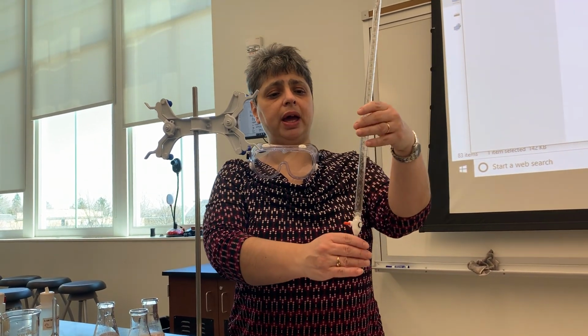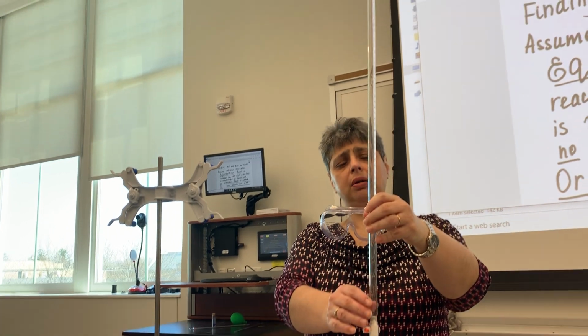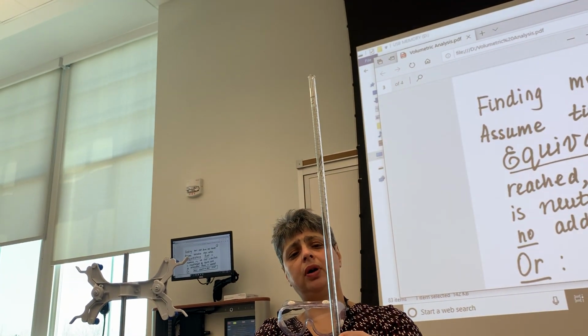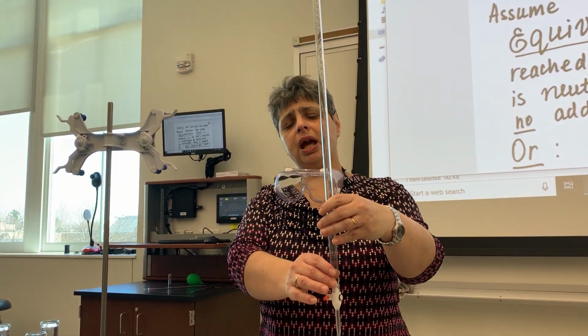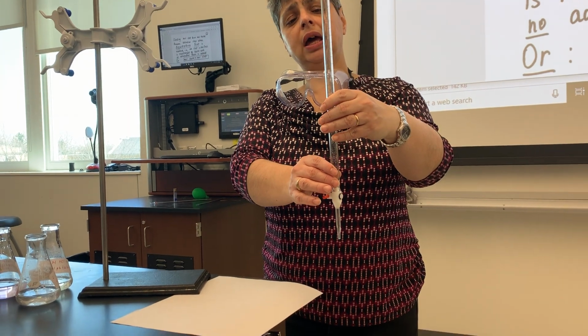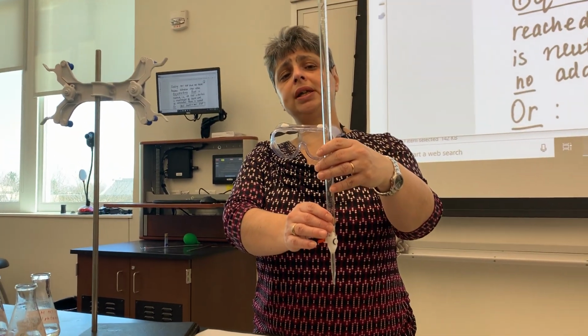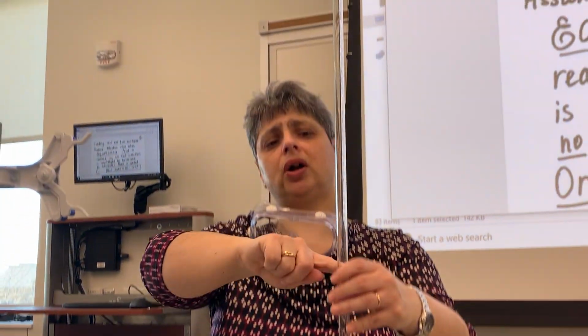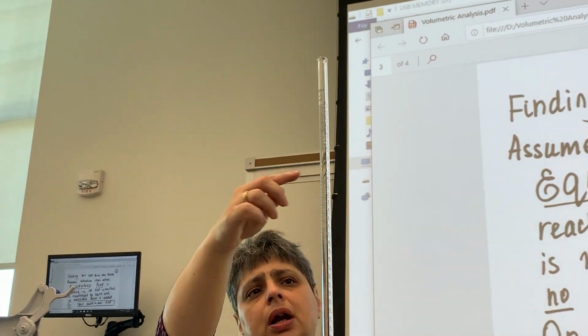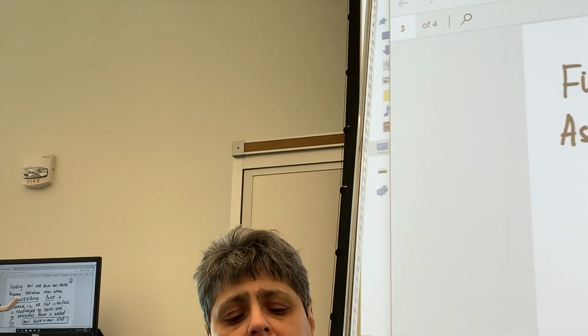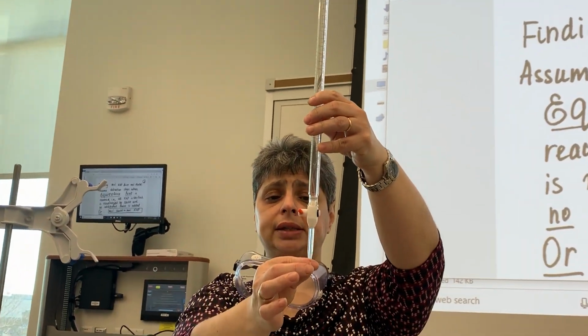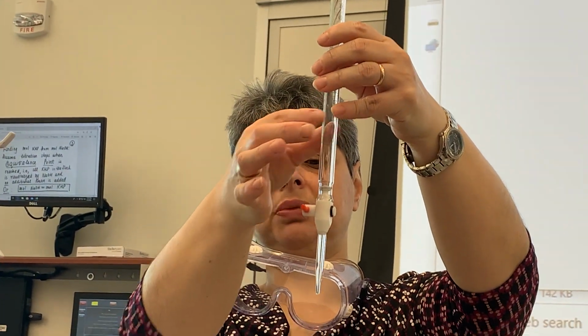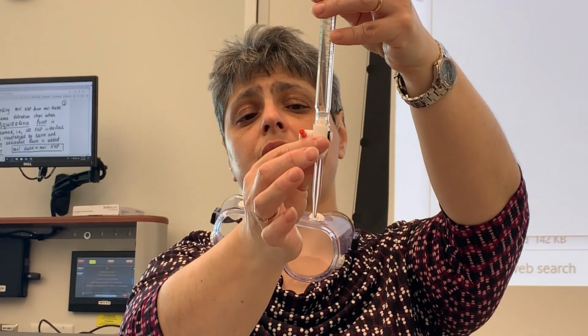So what I'm holding in my hand is called a burette. Burette is a special type of container used in chemistry, a device you could say, that is used to measure exact volume of a solution. Burette consists of what's called a barrel, this glass portion here. It has graduations on it, and then on the bottom there is a glass tip, and in the middle between the barrel and the tip there is what's called a stopcock.